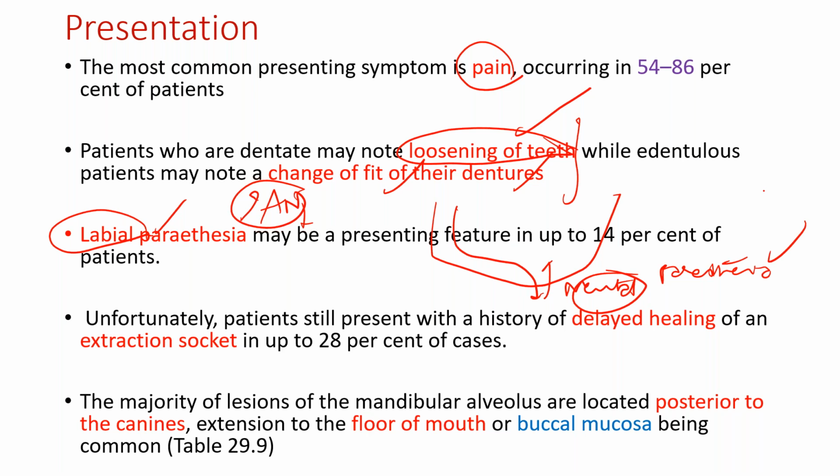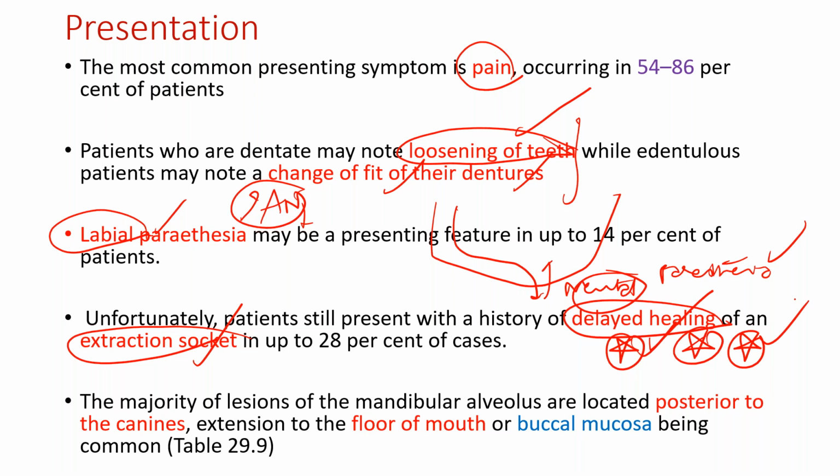This is the presenting complaint of these lip tumors. Unfortunately, delayed healing is also there in the case of extraction. If tooth extraction is done, there will be delayed healing in some persons along with this carcinoma. That is also a presenting feature. Delayed healing is an important factor.